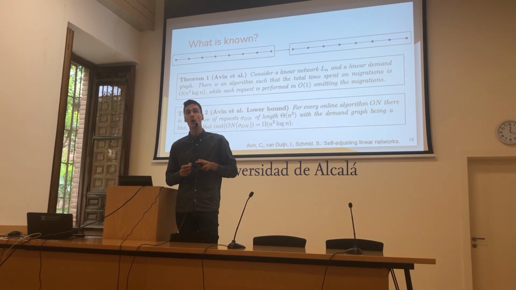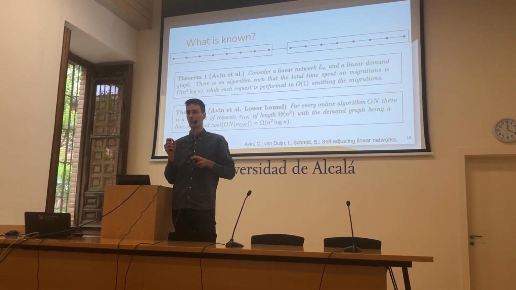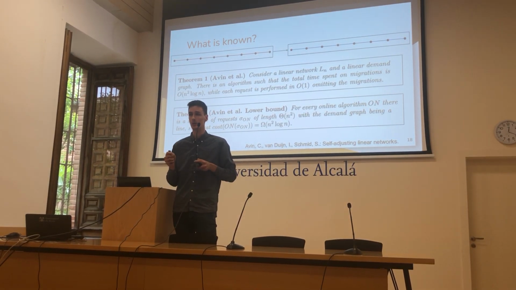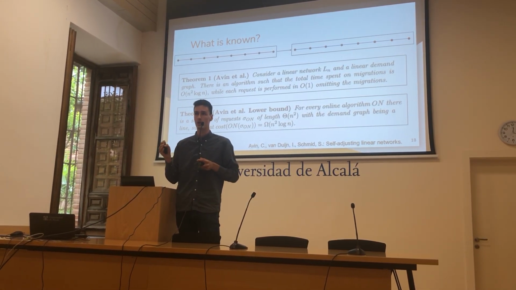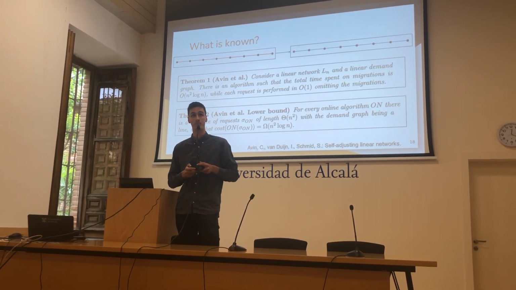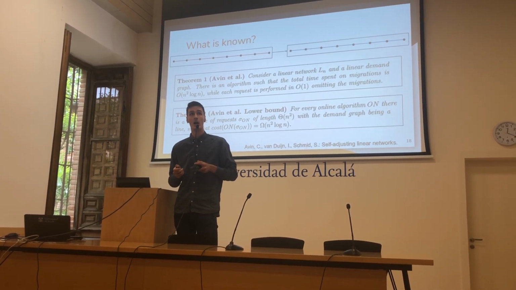Why is it cruel? Well, because there are n squared requests in the sigma, but your algorithm would pay n squared log n for that. Meaning you serve the request for the cost log n on average, and you cannot do better. So this is the result by Avin et al.